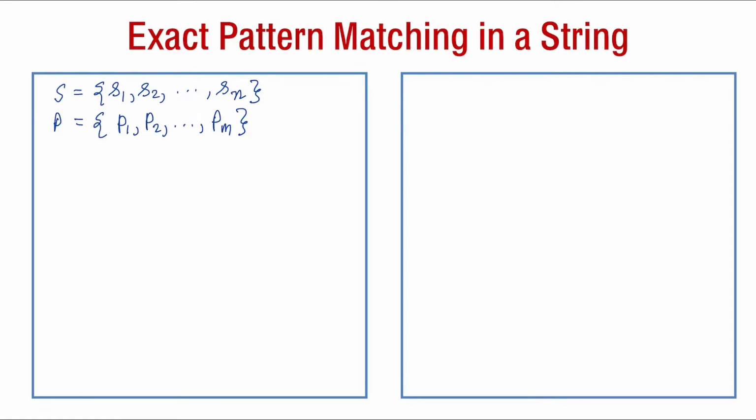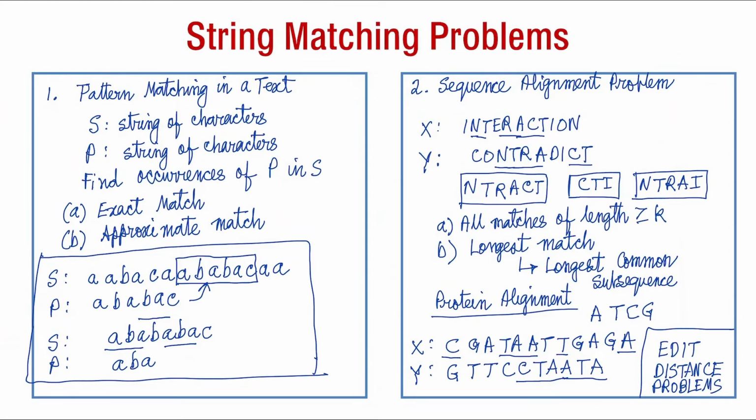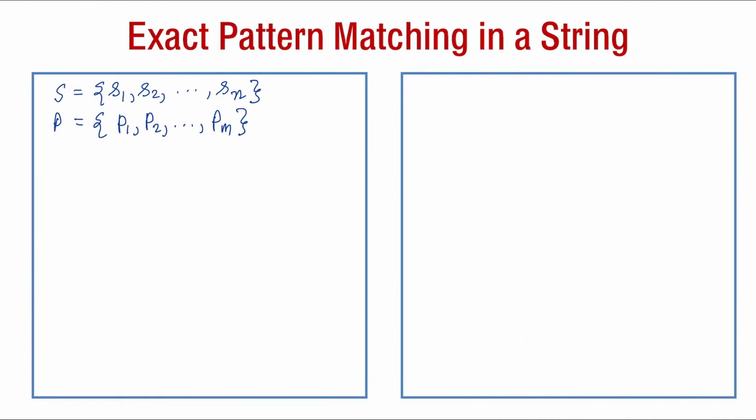Obviously, we know that m should be less than or equal to n. We would like to find out whether there is a match. If m is equal to n, all we need to do is to check element by element. But since we have seen the example here, what we would like to do is find matches, and a basic recursive definition, a very straightforward naive recursive definition would be as follows.